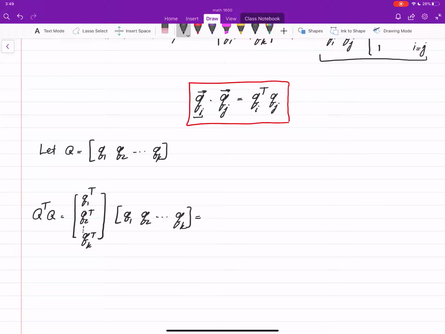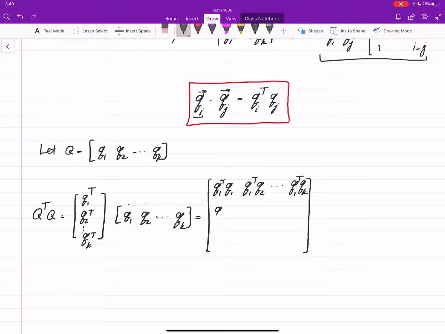When you do matrix multiplication, first row times first column, second column, and so on. So we have Q1 transpose Q1, Q1 transpose Q2, and this will go up to Q1 transpose Qk. That's the first row.